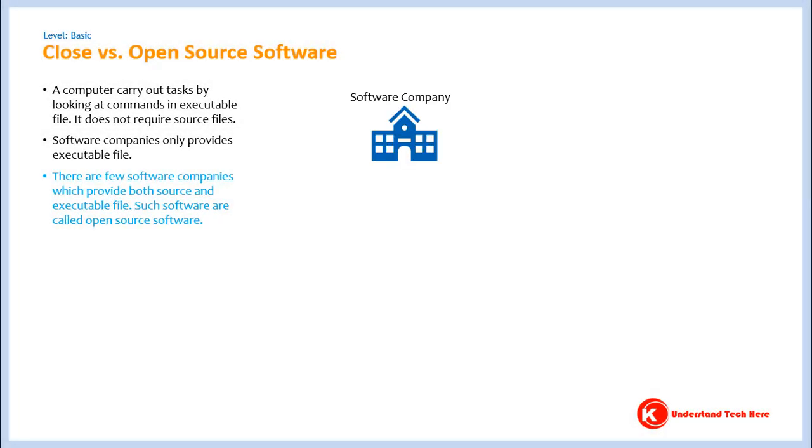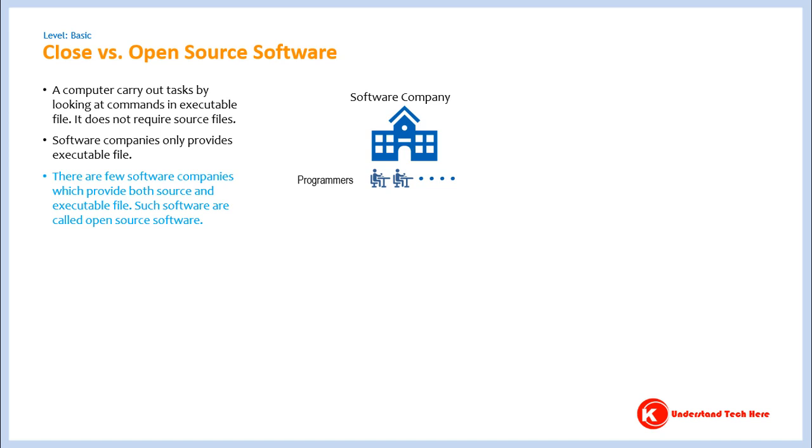Let's say this is a software company. Let's say it makes accounting software. So what does it mean? This software company makes accounting software. It means people, or more specifically programmers, working in this company write commands or programs following which a computer can keep accounting data. Let's say programmers in this company are typing commands.